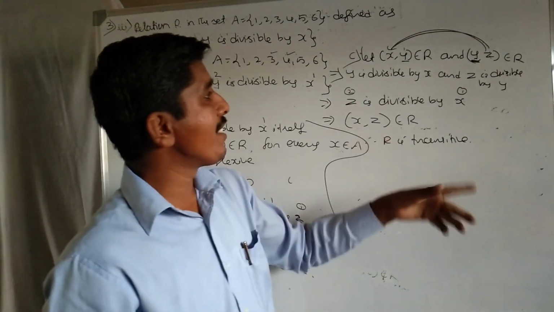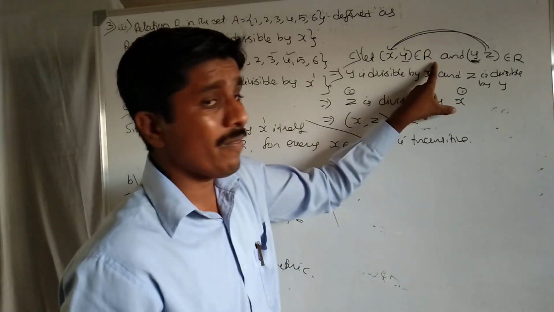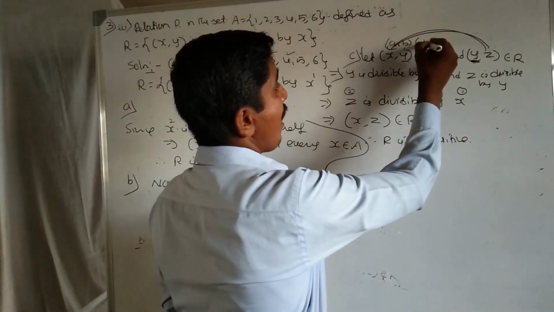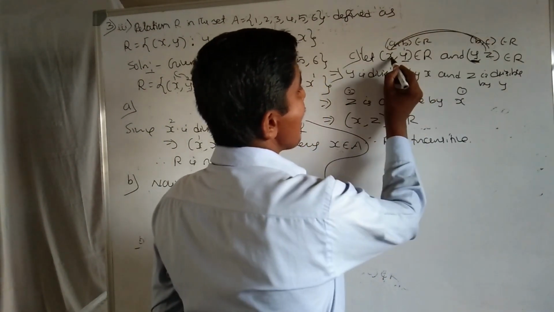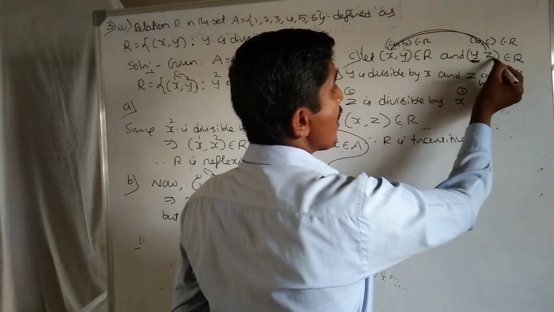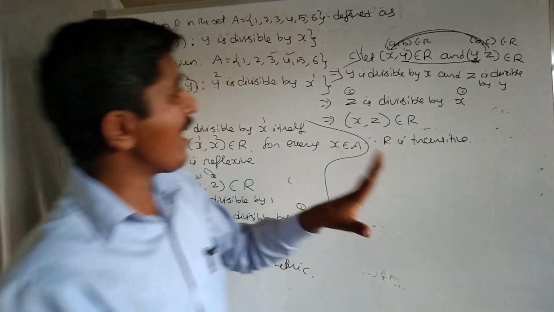So clearly it is transitive. Let us take 3 elements X, Y, Z. By definition, let X comma Y belong to R and Y comma Z belong to R. In these ordered pairs, the middle elements are equal. Just write the definition.